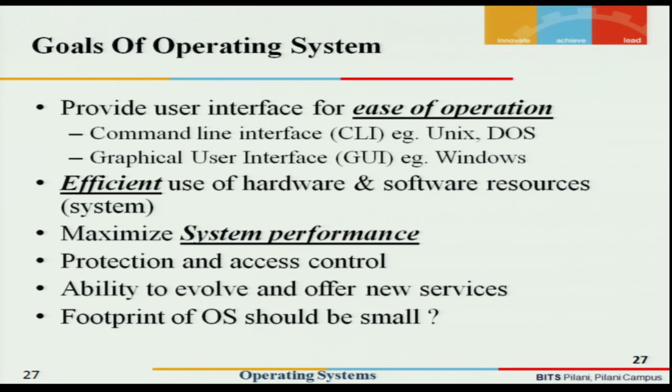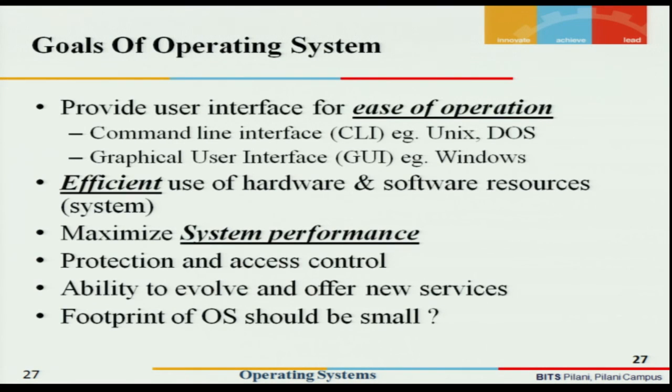Examples for such interfaces are the Unix system and MS-DOS, which gave you a command line interface where on a command prompt the user can type in a command and execute it. More recently, the graphical user interface came, which is also known as a GUI. An example of a GUI is Windows, etc. So that is one of the goals.